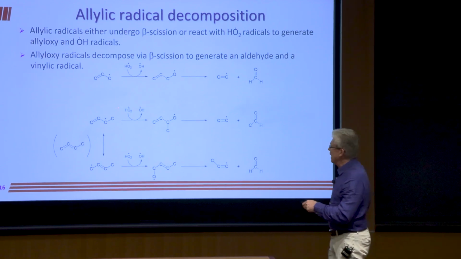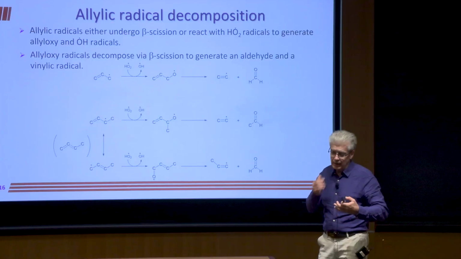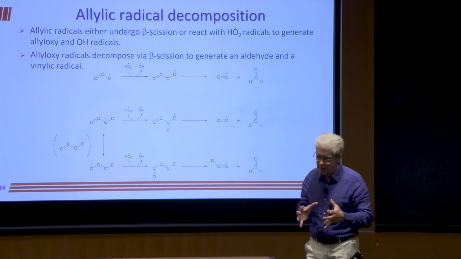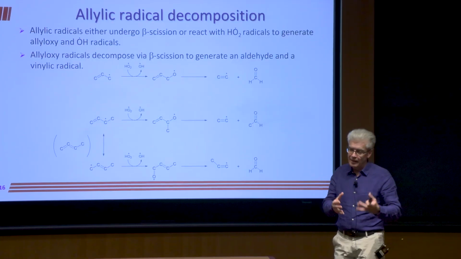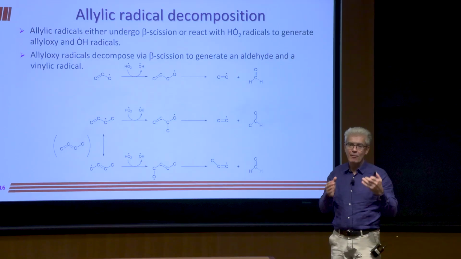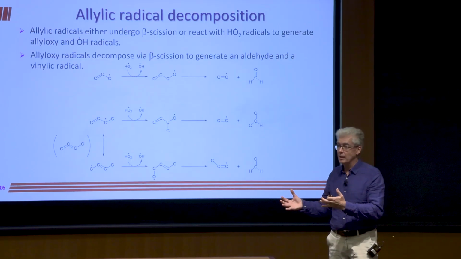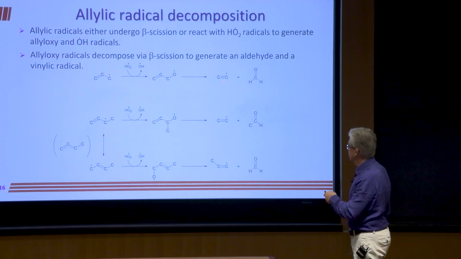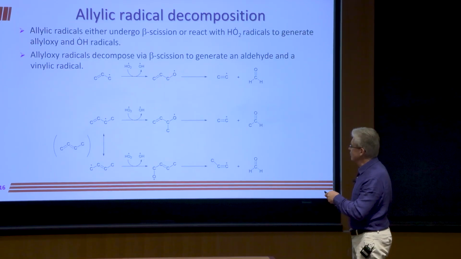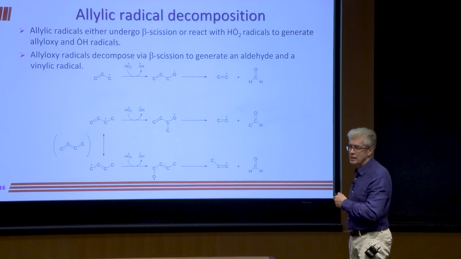And typically what happens with these radicals, particularly when we have low temperature mechanisms included in our mechanisms, is allyl plus HO2 gives allyloxy plus OH, right? So the oxygen atom comes in and then you form this radical. And that radical then will beta-scission to give you, in this case, vinyl plus formaldehyde, right?